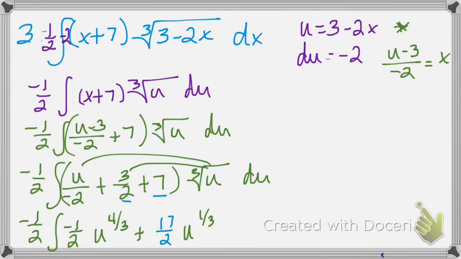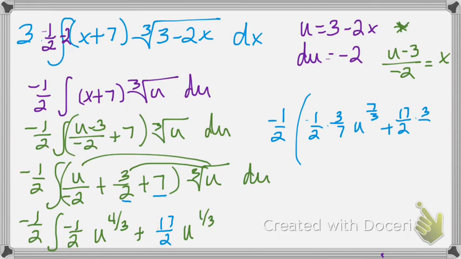And now find the antiderivative. This negative 1/2 is just going to come on the outside of everything. When I add 1 to the 4/3, you get 7/3, so it's times 3/7 u to the 7/3. Add 1 to the 1/3, so that would be 4/3, so that's times 3/4.